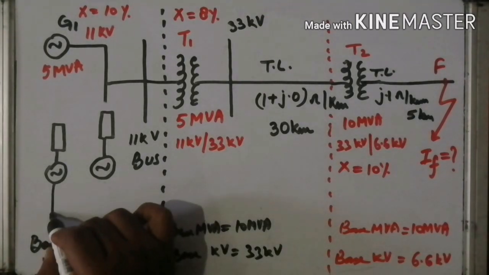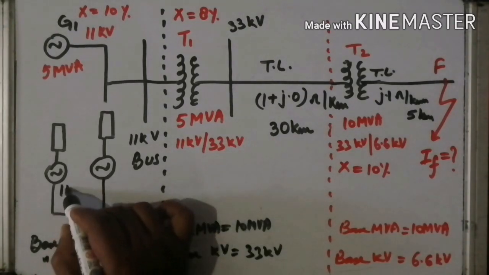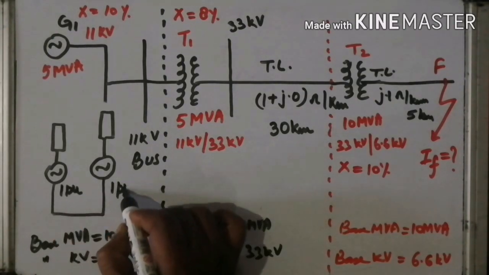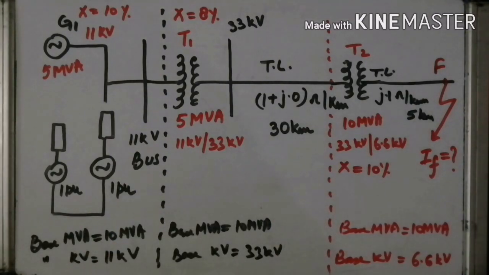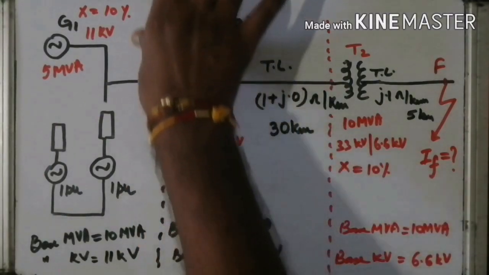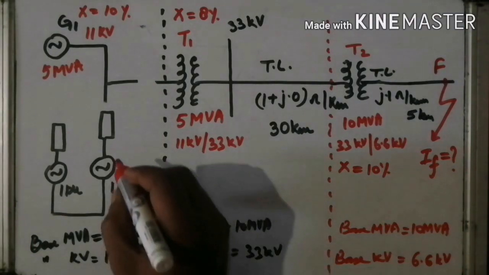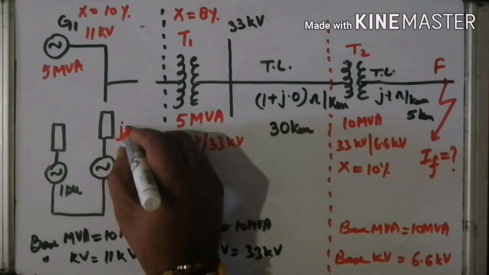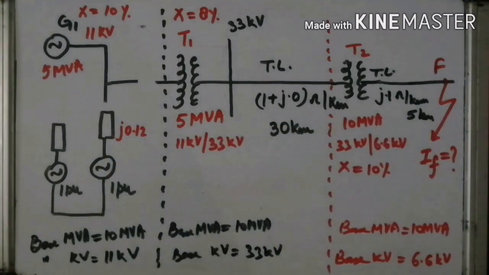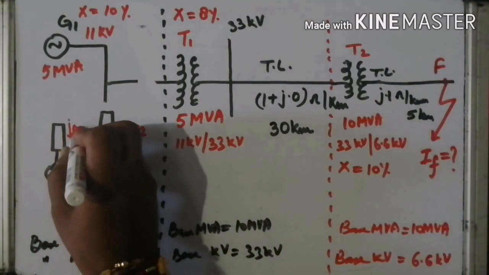Now I'm going to draw the diagram in per unit system. The reactance of the second generator is 12%, so it is J0.12, and for the first one it is 10%, so it is J0.2.